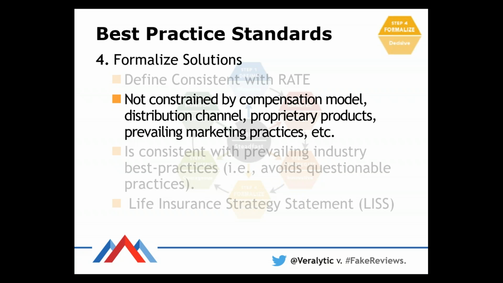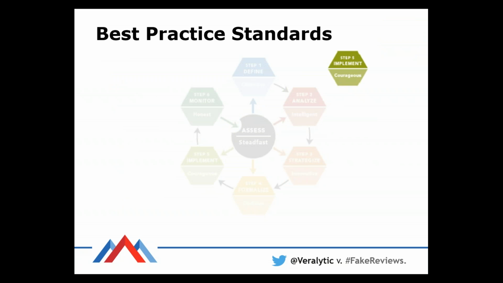So if the advisor you're working with is constrained by a compensation model, by a distribution channel, or if they have a predisposition for proprietary or can only sell proprietary products, your chances of your client actually getting best available rates and terms is less than if you were not constrained by these limitations.